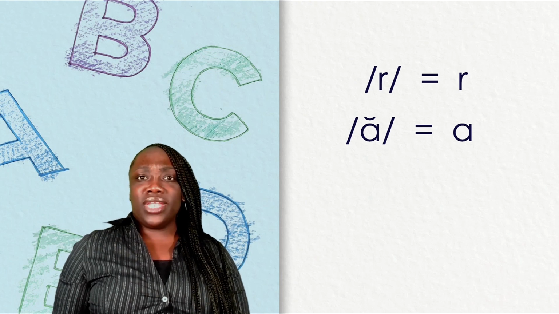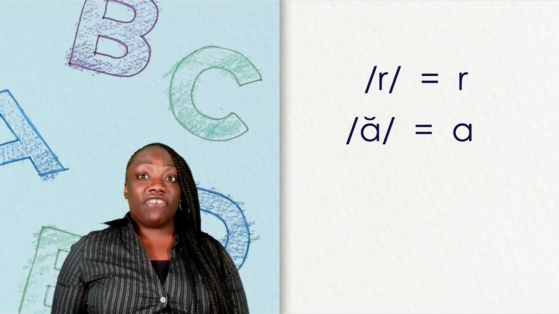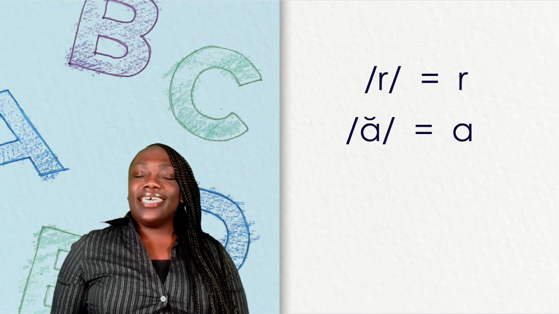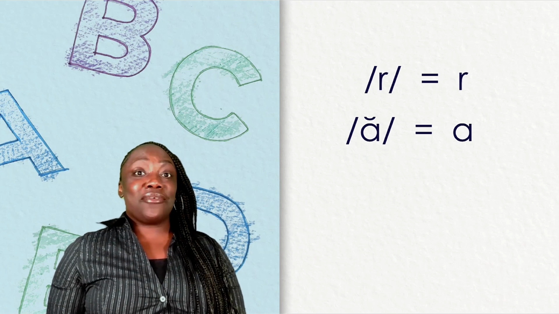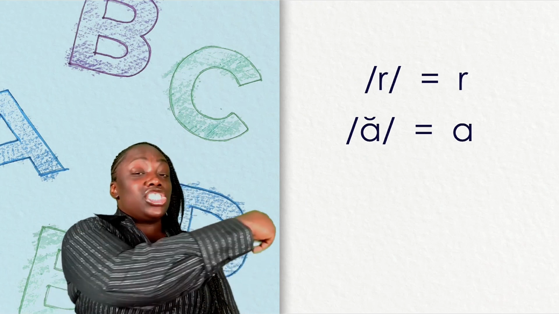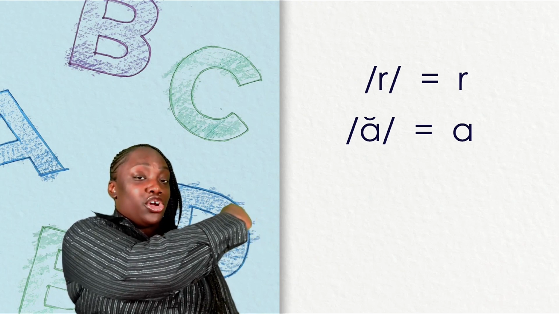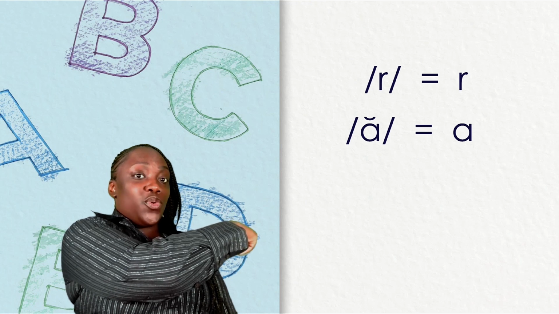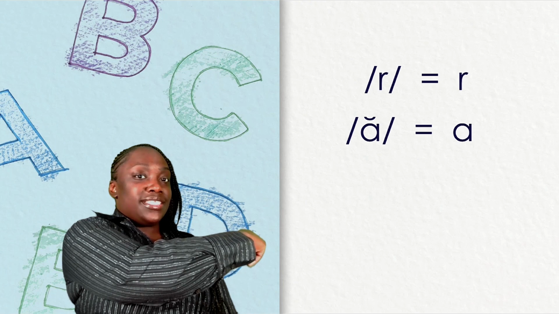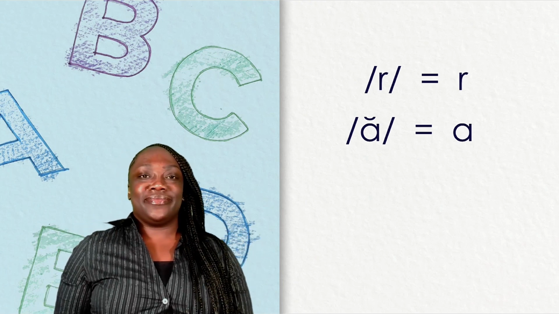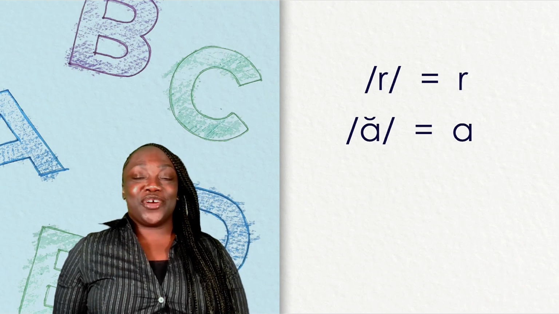It changes a bit when it's followed by the letter M, just as we notice when A is followed by the letter N. The M also makes the A weak. Let's skywrite the letter A. Start on the middle line, go to your right and make a circle. Go all the way up to the line, pull it down to make your A. What is the final sound in the word ram?